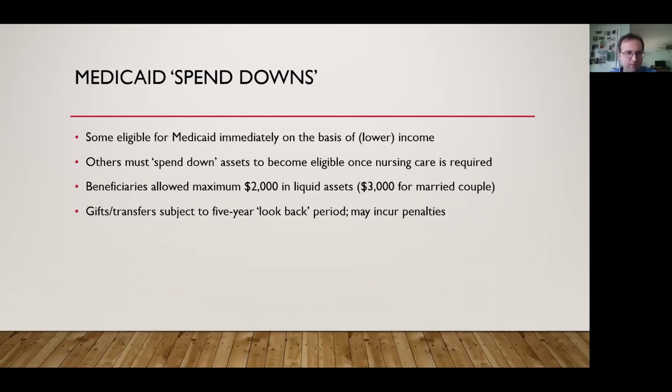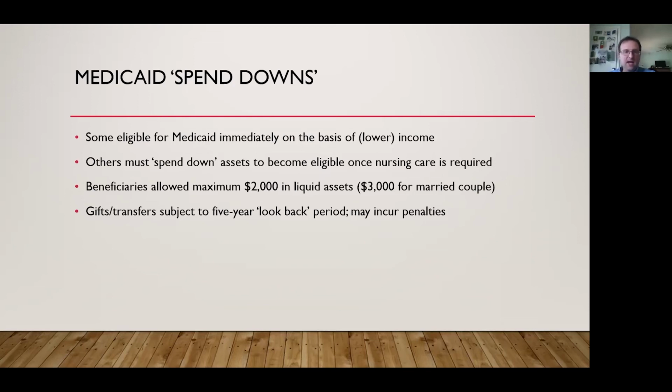So, some, of course, are going to be eligible for Medicaid immediately on the basis of lower income, retirees particularly. However, others must spend down assets to become eligible once nursing care is required. And there are maximums to the amount that can be held in order to remain eligible, either as a single individual or as part of a married couple.